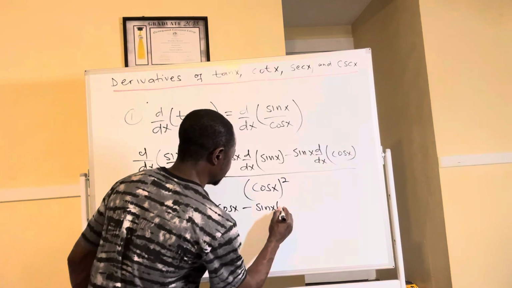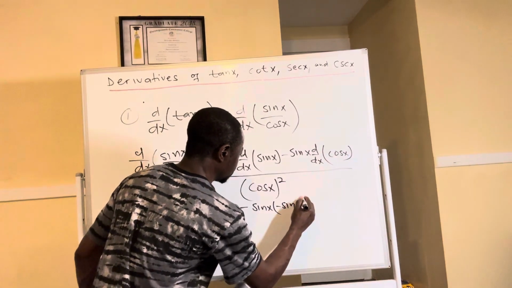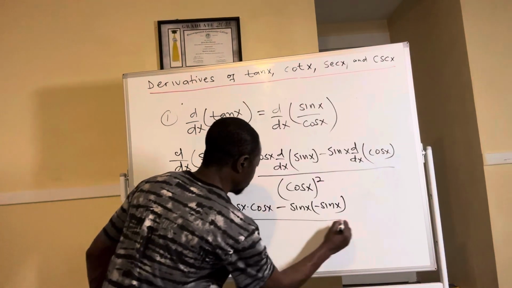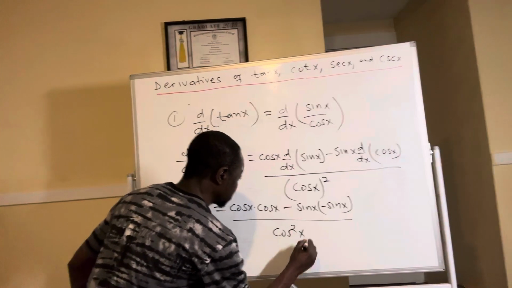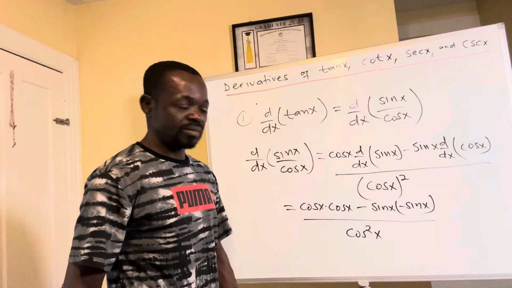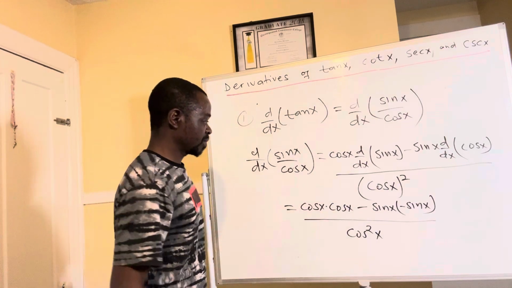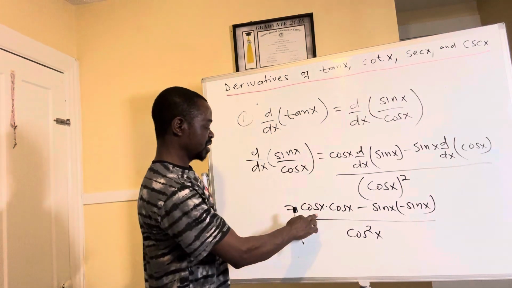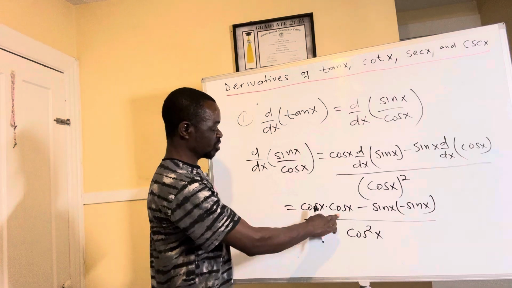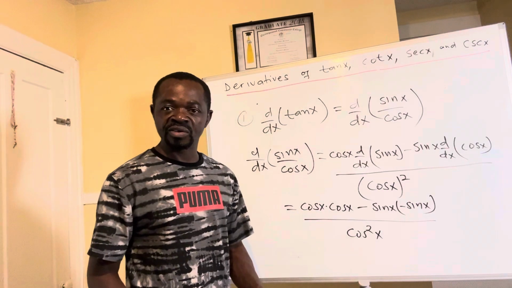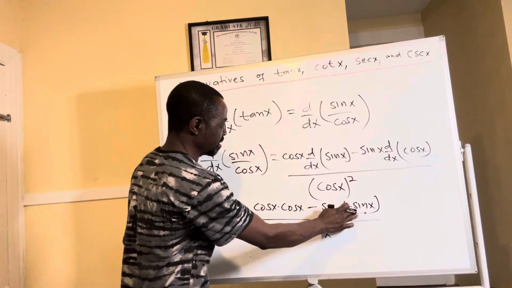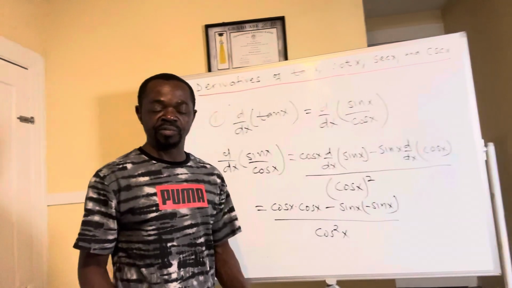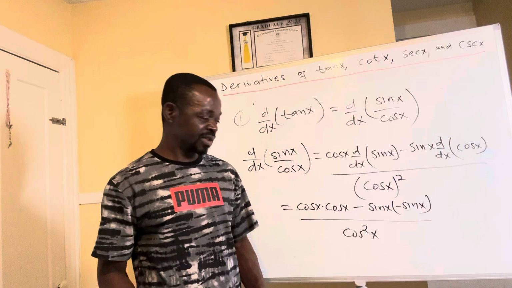So here we get minus sine of x, then all over cos square of x. Here, cos x times cos x gives us cos square of x, and negative sine x times negative sine x gives positive sine square of x.